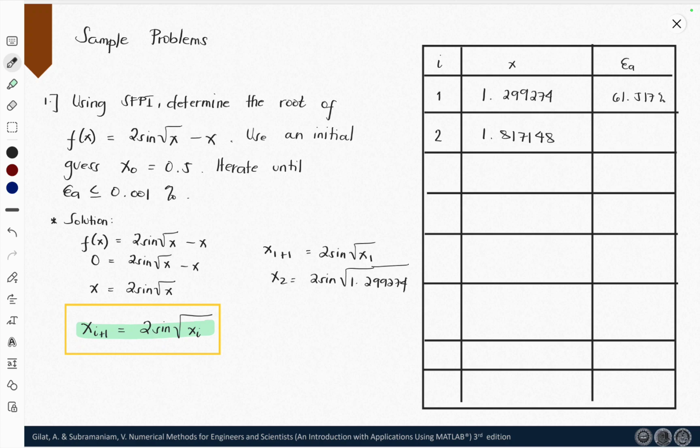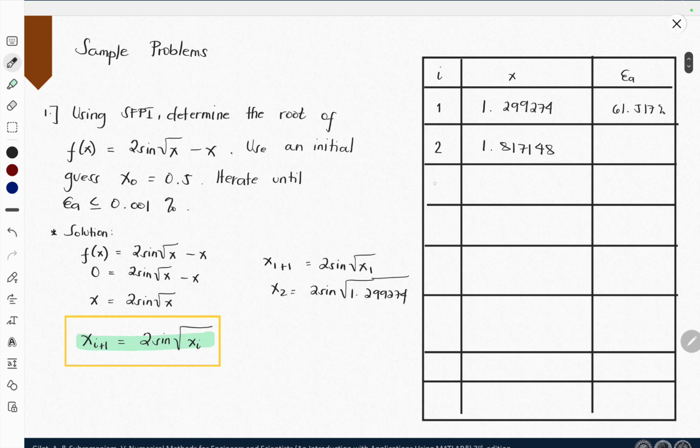So I will just fill in this table here. For your third iteration, 1.950574.